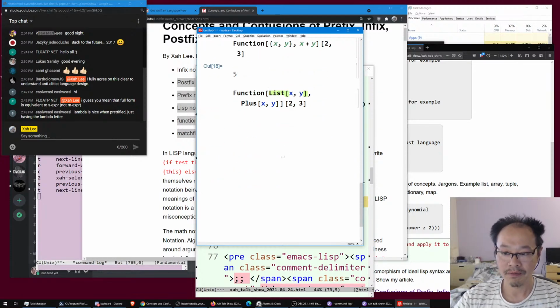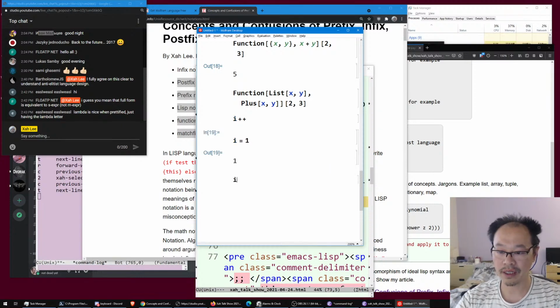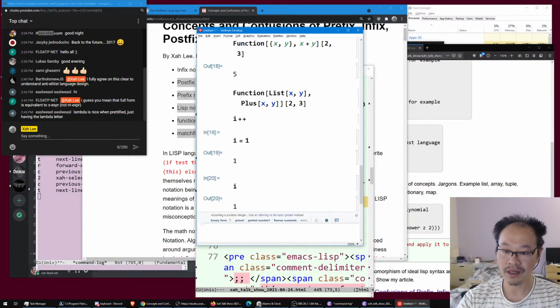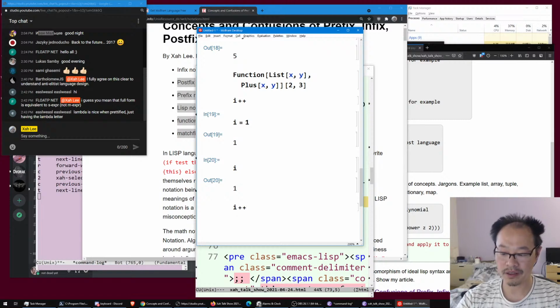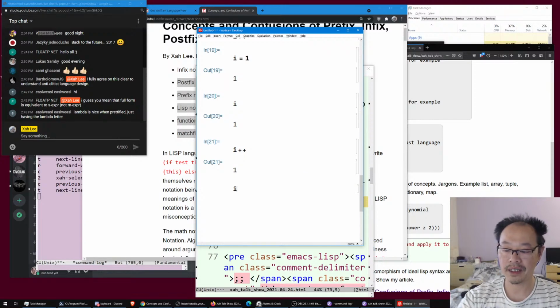By the way, Mathematica also has I plus plus. Let me show you. Let's say I equals 1. Enter. Then let's say I plus plus. Evaluate, and it returns 1. Then let's type I again.